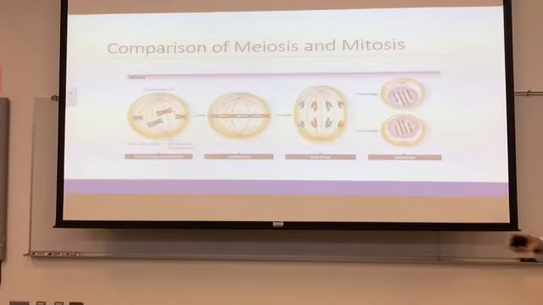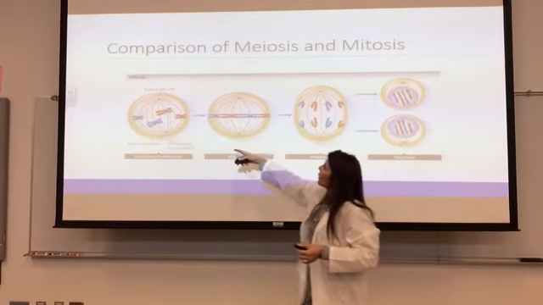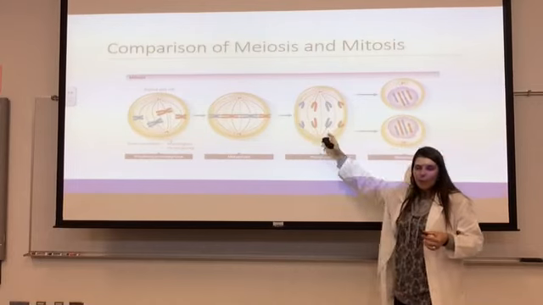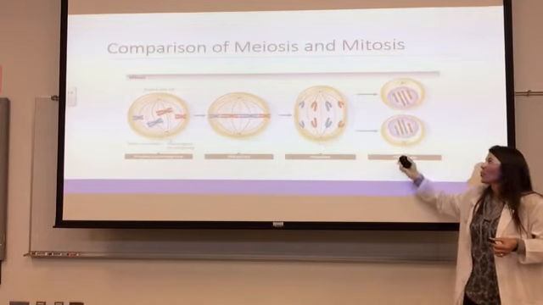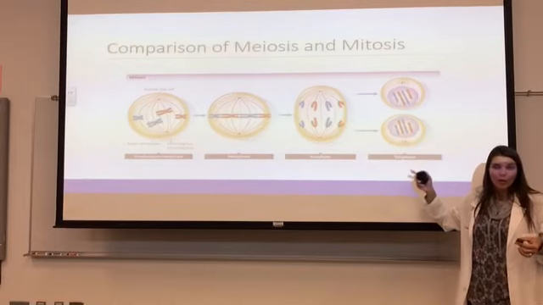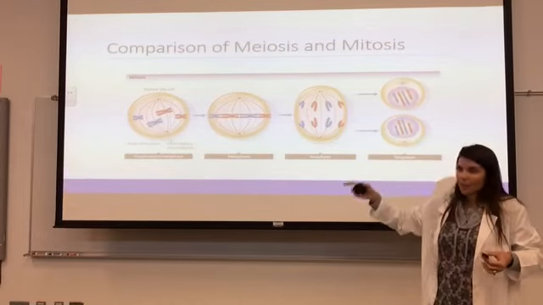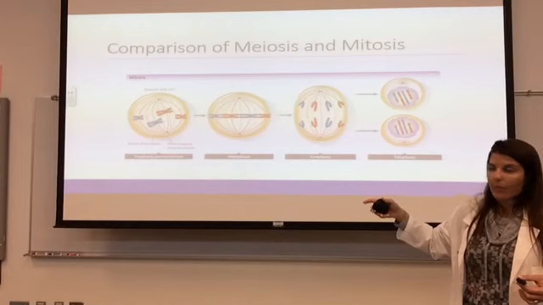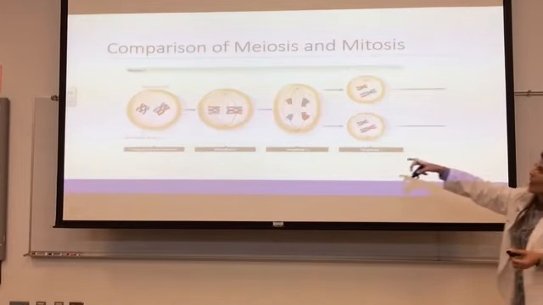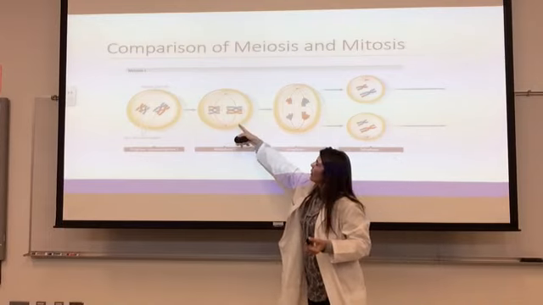Mitosis is different because we start off, we line them up in a single file, we separate them, and when we're finished, we have 2 genetically identical daughter cells. We just cloned that parent cell. Again, meiosis allows for crossing over.